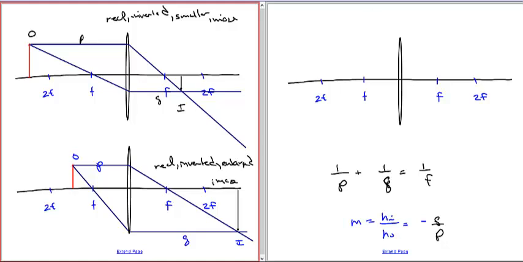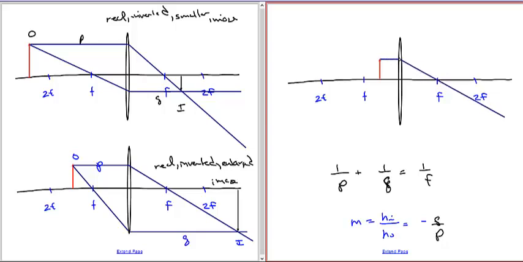And the third scenario is where you're inside the focal length of the lens. So this is similar to the case with the mirror. You go to the lens parallel to the axis through the focal point, and then if you go from the focal point through the end, you come up to here, and then you go parallel, and you can see that the two rays are diverging.